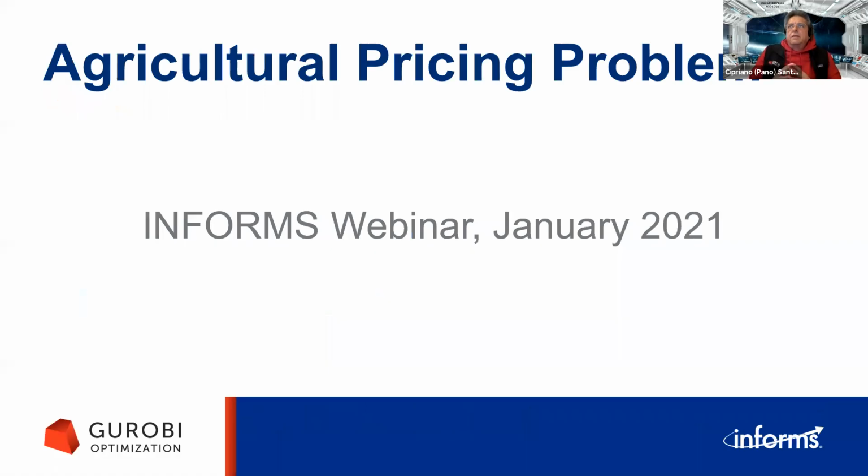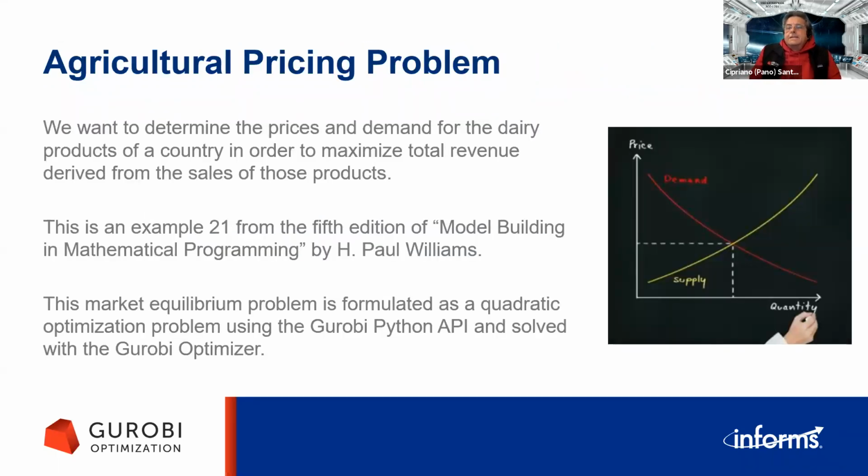So the first problem that I would like to discuss is called the agricultural pricing problem. This problem is an example from the very good book by H.P. Williams called Model Building in Mathematical Programming. And this is example 21.